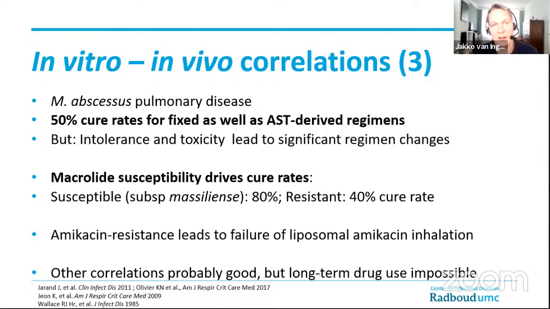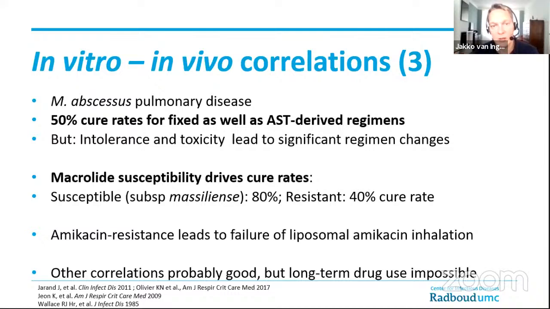What is clear is the role of macrolide susceptibility. Again, macrolides. So we've learned that a part of the Mycobacterium abscessus strains are susceptible to macrolides, whereas the majority of isolates in most settings show inducible macrolide resistance.